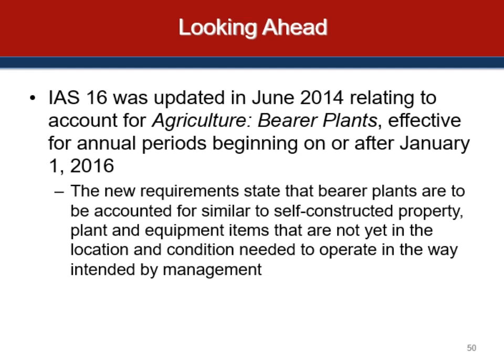So when you're growing your new fruit trees, it's part of constructing the productive asset, and so the costs of financing and the things you have to do to get it ready to bear fruit would be capitalized and added to the cost of the fruit tree, presumably.